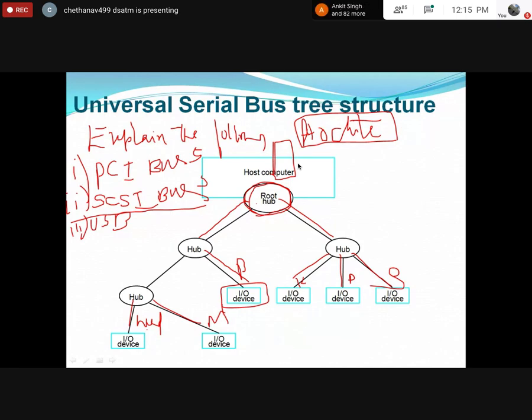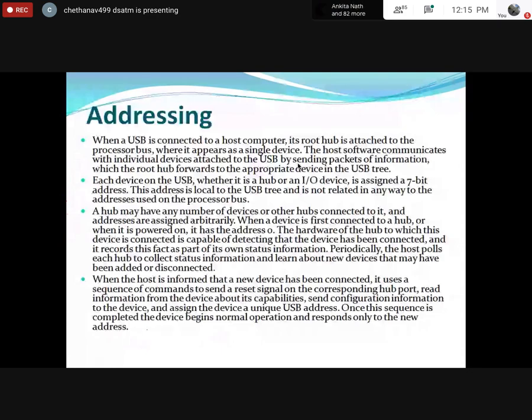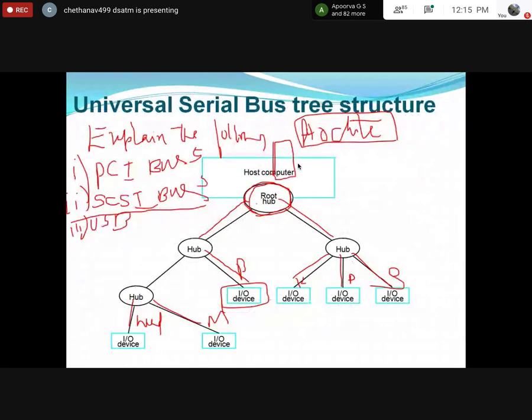And here I'll directly go to the addressing. What does addressing mean? Each and every device has its own address. Suppose in this diagram, this is a printer. The printer has its own unique, exact address, the address of the printer.